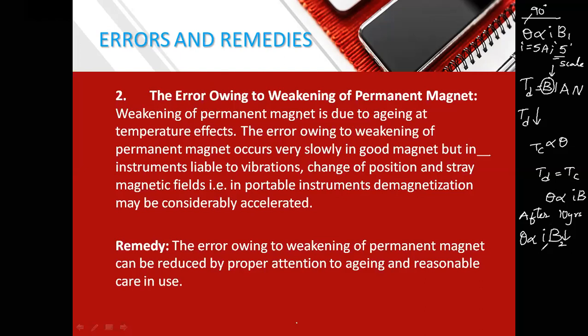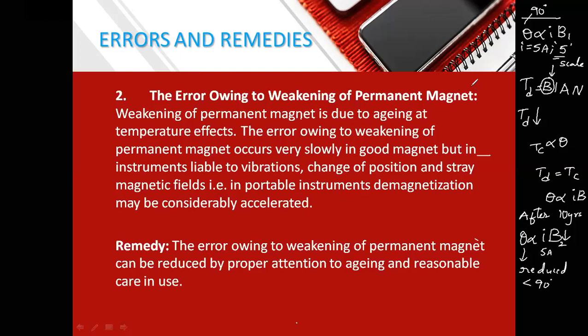Even though the current is 5 ampere, theta should get reduced. That means it should be less than 90°. Now when it is less than 90°, it won't be showing 5. It will be showing less than 5. And that is the error which we are discussing now. Error owing to the weakening of permanent magnet.